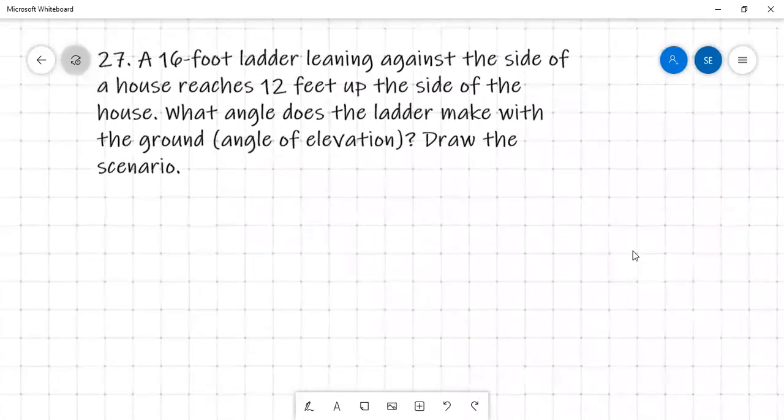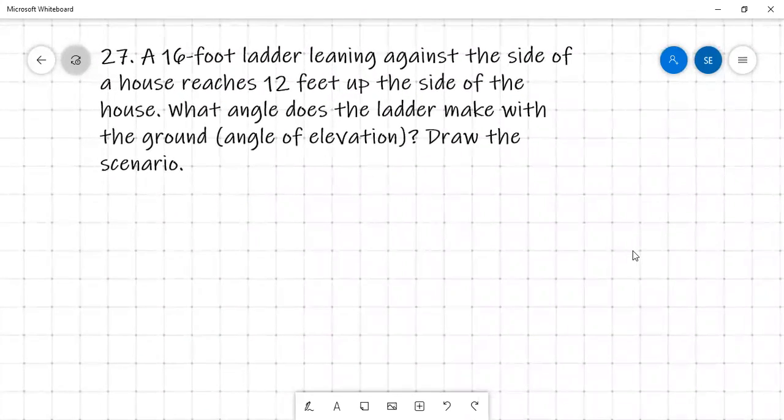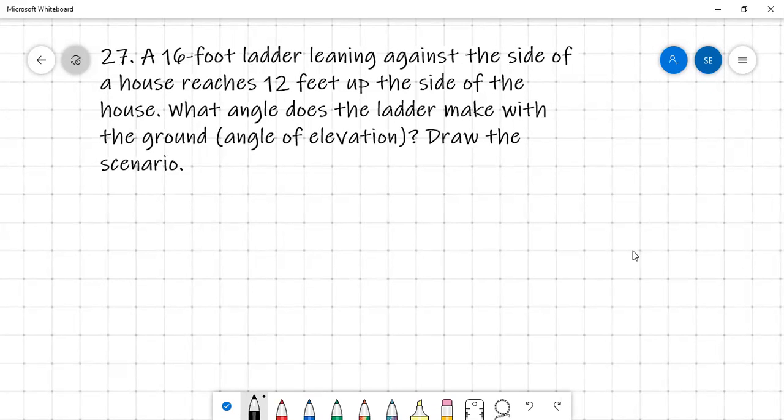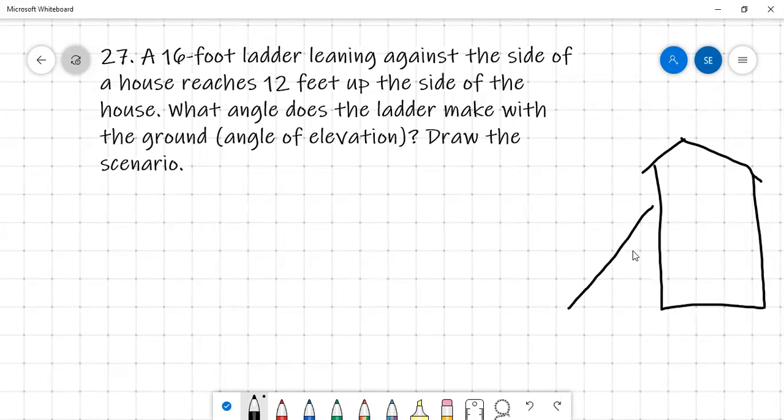Number 26. Again, I like to draw pictures, and I'm just going to draw over here. It says a 16-foot ladder leaning against the side of the house, which is 12 feet up the side of the house. So I'm just going to draw a house. And we have a ladder leaned against it. And again, we have grass here.